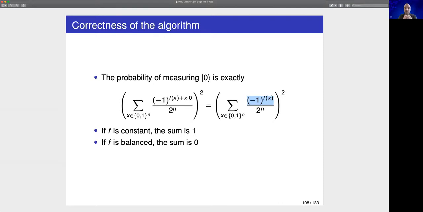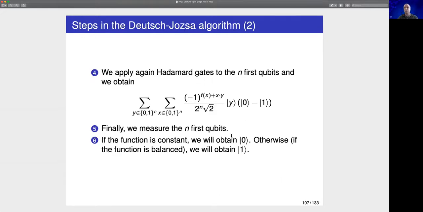In the other case, we were obtaining constructive interference, but here some of the amplitudes are annihilating others, and the probability of measuring 0 when we have a balanced function turns out to be 0.